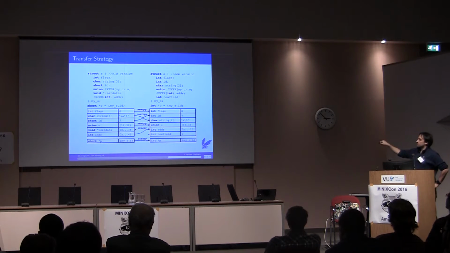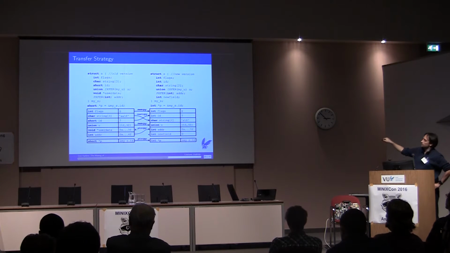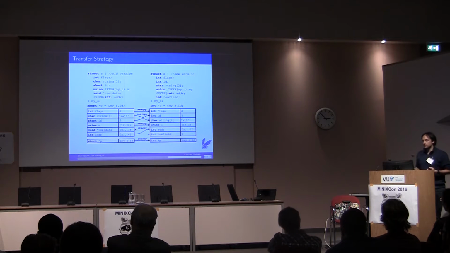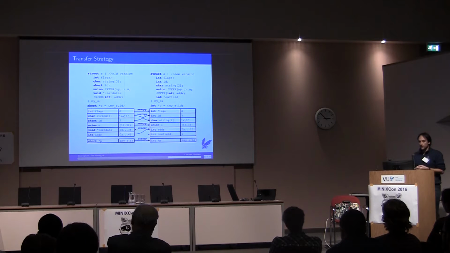So we dropped some fields, we added some new fields, we swapped fields around, we changed types of some fields, and so on. At the bottom of the slide, what you see is the in-memory representation that our state transfer framework creates for this data structure. The way it does is that it parses metadata information during the execution.